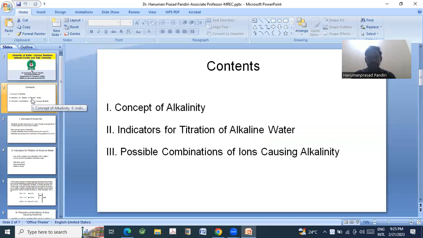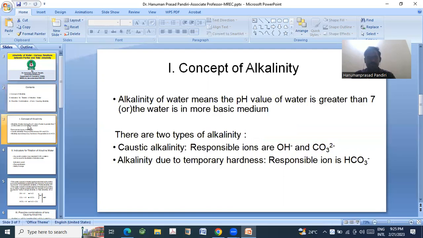First one, concept of alkalinity. Second one, indicators for titration of alkaline water. Third one, possible combinations of ions causing alkalinity. The first one, concept of alkalinity.